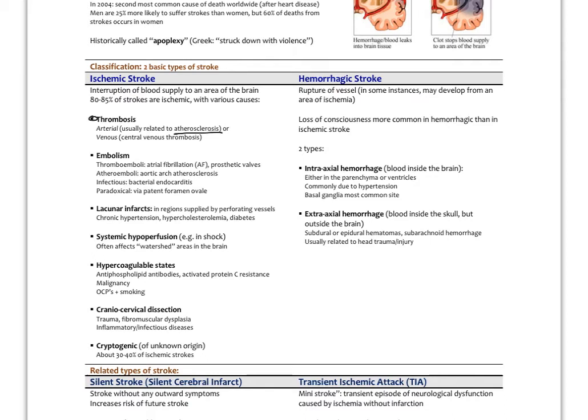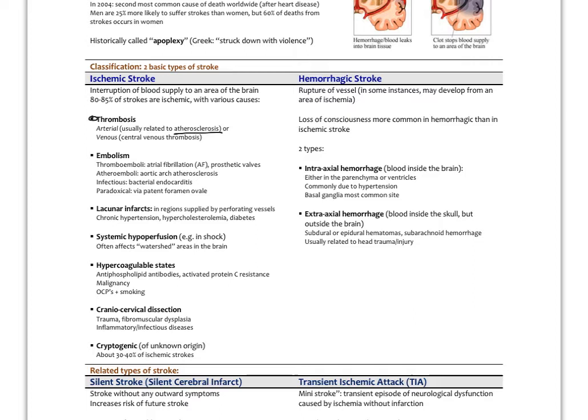It's going to go to the right side of the heart, and then it's going to go from the right side of the heart to the lungs, and the lungs will effectively act, because the blood vessels get smaller and smaller in the lungs, as a filter for that embolus, and that will cause a pulmonary embolus, or a PE, and that will cause respiratory issues, shortness of breath, and sense of chest constriction, that sort of thing.